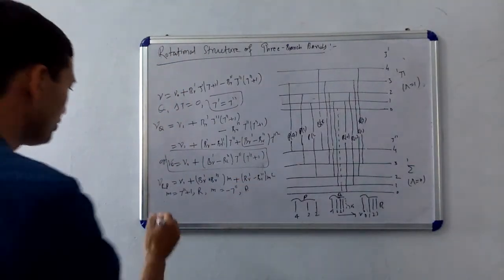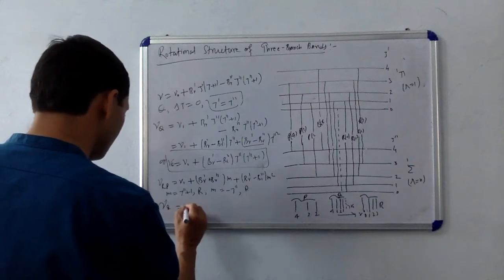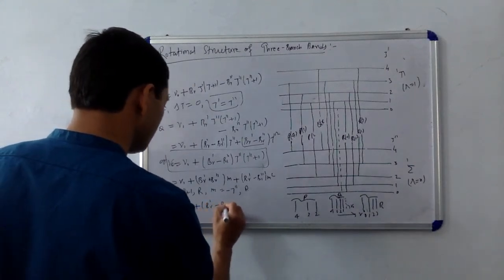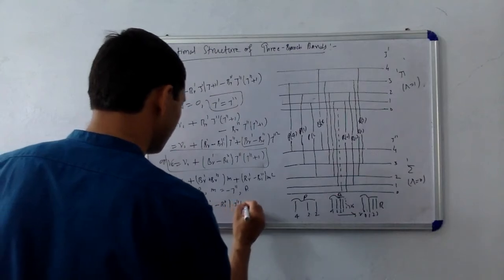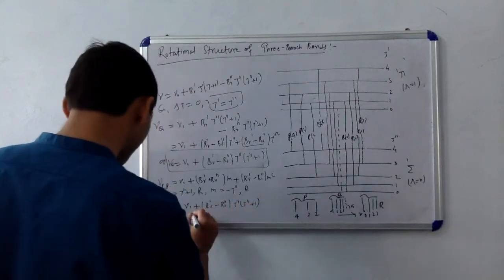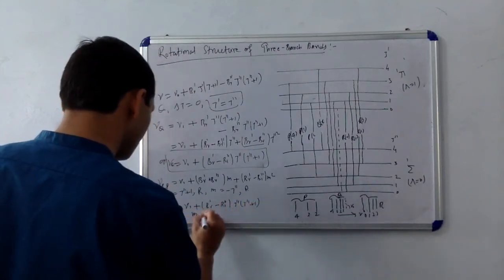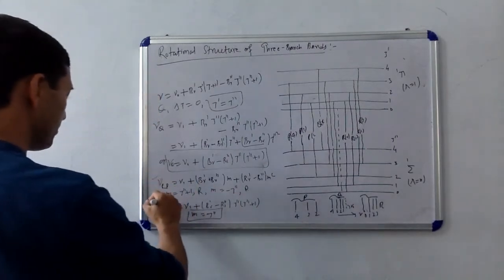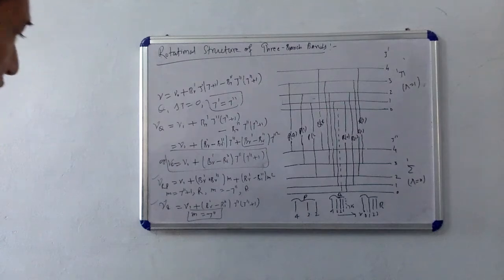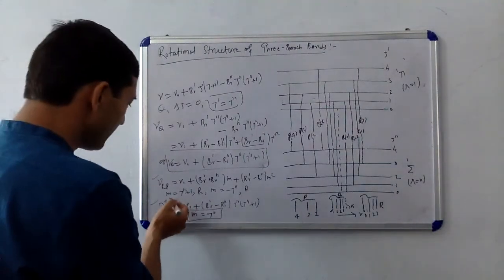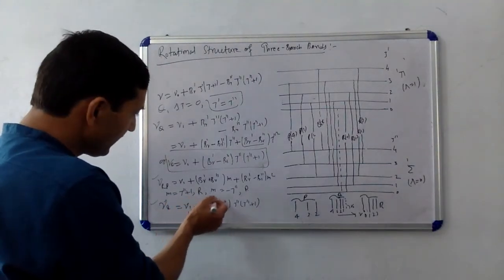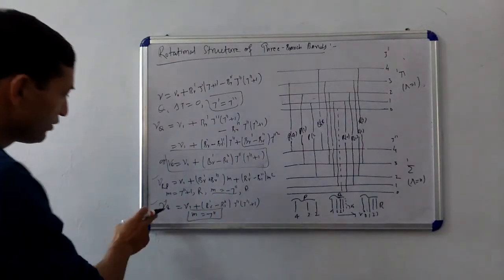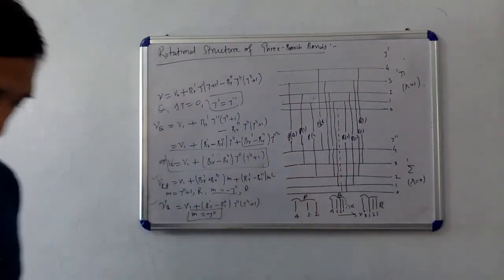Corresponding to the Q branch, nu of Q is equal to nu naught plus B nu prime minus B nu double prime of J double prime plus 1, where M is equal to J double prime. So these are the two equations for the R and P branches and the Q branch. For that we have M equal to J double prime plus 1 for the R branch, M equal to minus J double prime for the P branch, and for nu of Q, M is equal to J double prime.